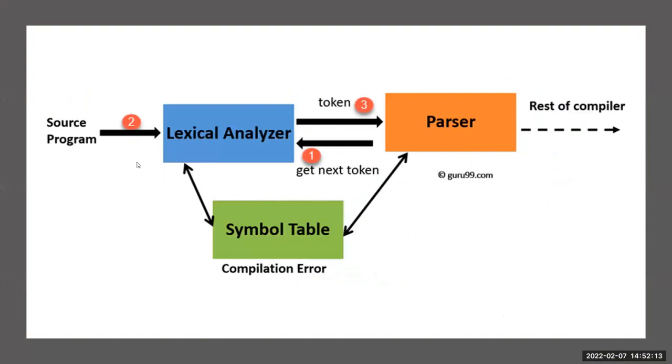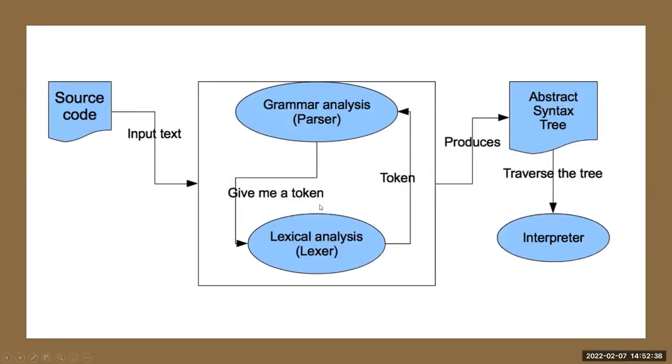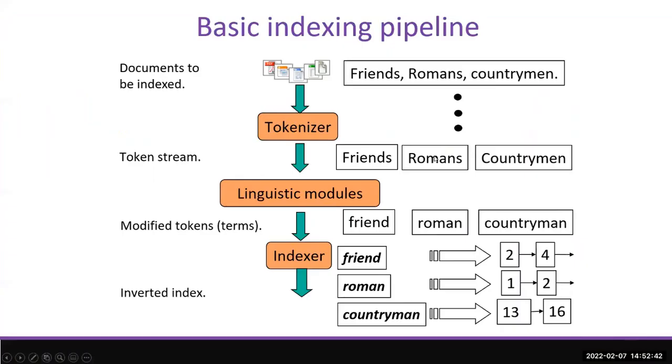So the source program passes through the lexical analyzer, which creates tokens, and the tokens are passed to the parser. The parser can predict the next token that you can use. Sometimes the parser and the tokenizer have interaction, but usually there is also a symbol table that will help you. So these are the traditional compilers' ways of doing lexical analysis.